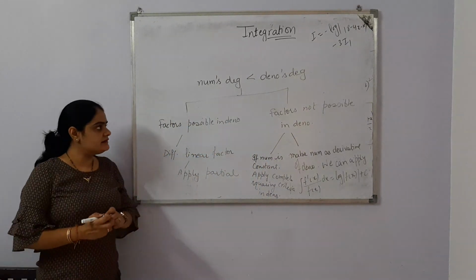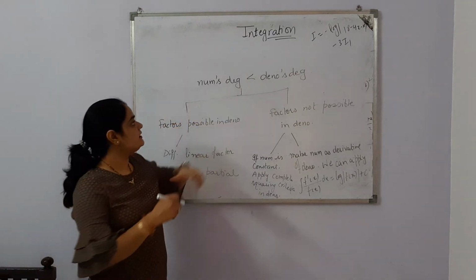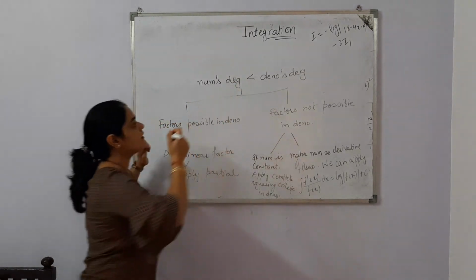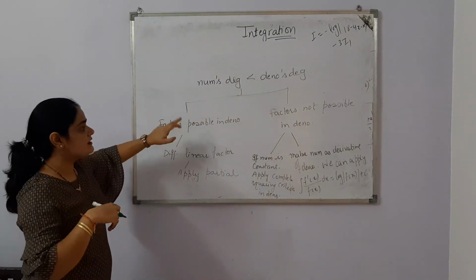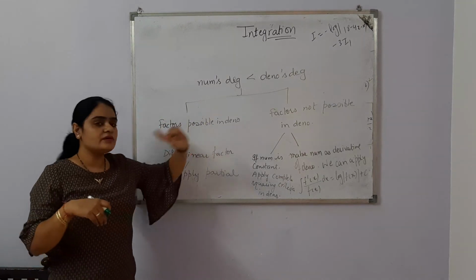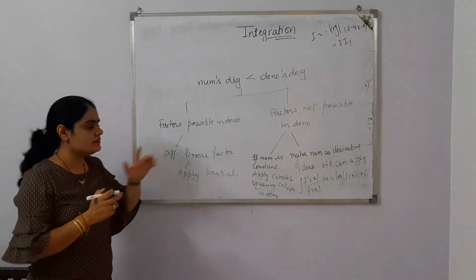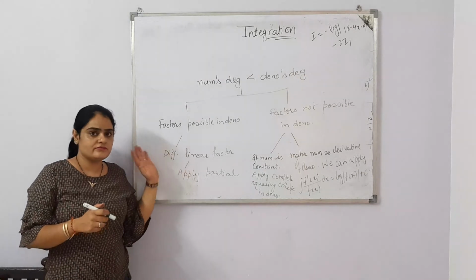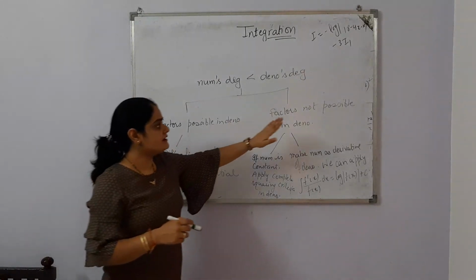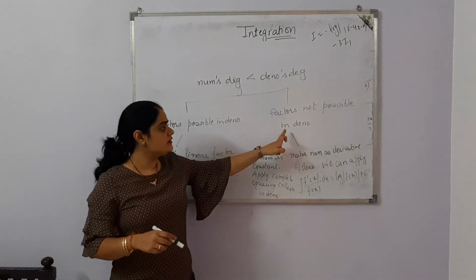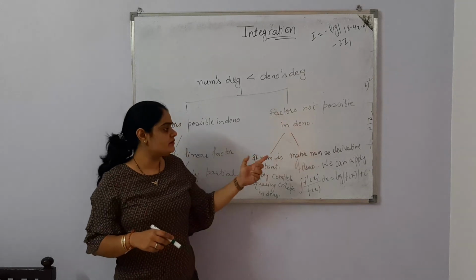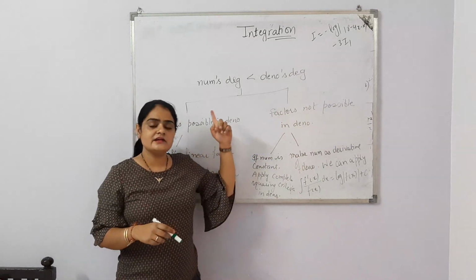Hope the parts are clear. If the numerator's degree is lesser than the denominator's degree, then there are two cases, factors possible or factors not possible. If factors are possible, then it is quite simple: we'll do partial fractions. If factors are not possible, there are two cases. We'll check the numerator.